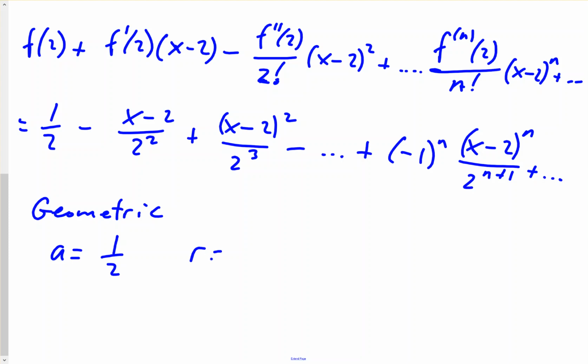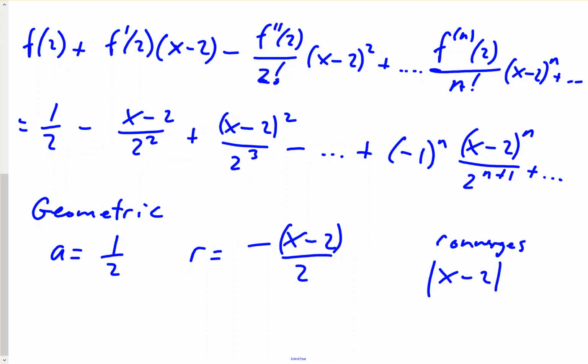The common ratio would be negative x minus 2 over 2. Okay, this would converge absolutely for the absolute value of x minus 2 to be less than 2.